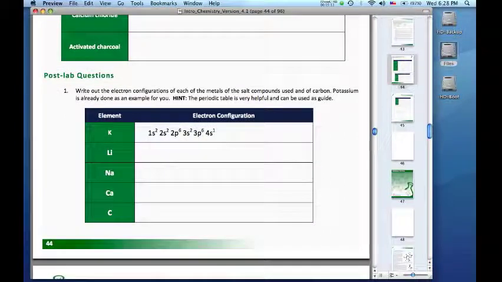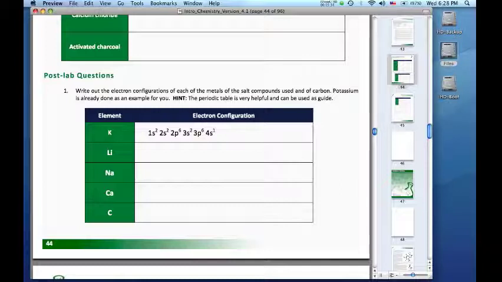Now these questions here, this is kind of advanced, so I'm just going to go over this one. If you want to take more advanced chemistry classes, you can figure out how to do this. Lithium is 1s2, 2s1, so the 1s2 and then 2s1. Sodium is 1s2, 2s2, 2p6, 3s1.